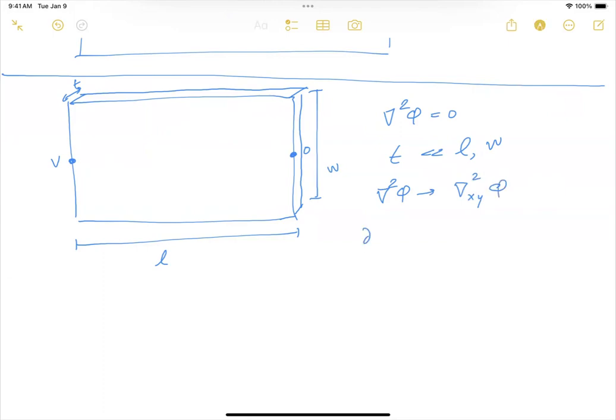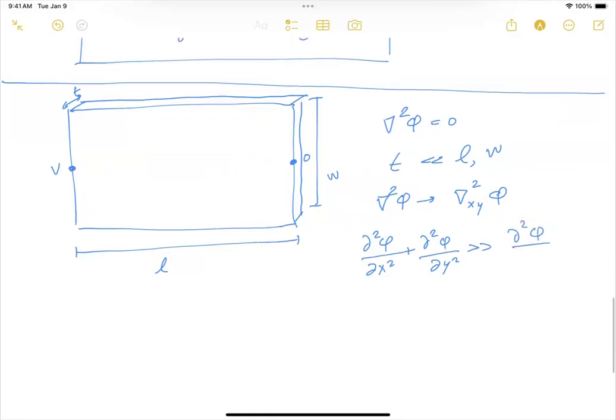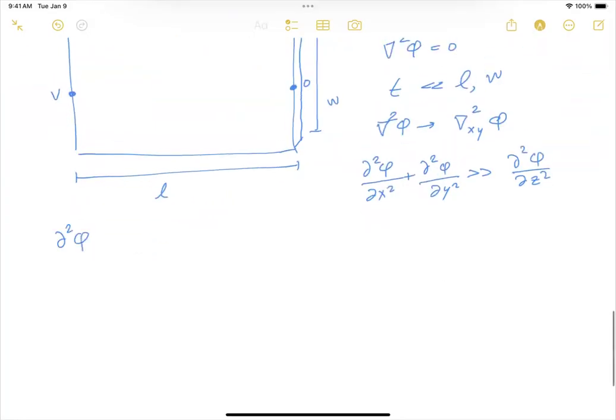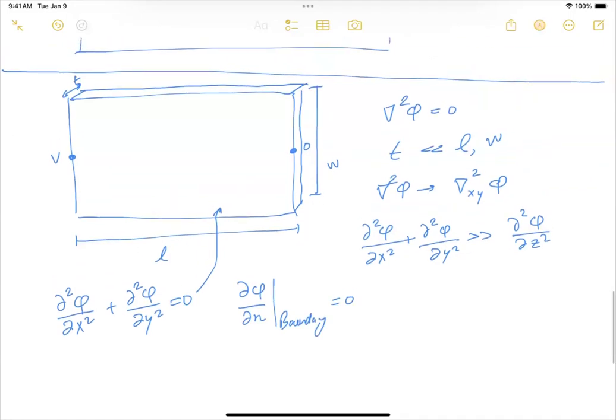So what I'm saying here is that del square phi over del x square plus del square phi over del y square is basically much greater than the variation of the potential along the z direction, and hence you just have to solve the two-dimensional Laplacian of the potential in this cross section, subject to the boundary condition that the normal component of the gradient of the potential at the boundary is 0.